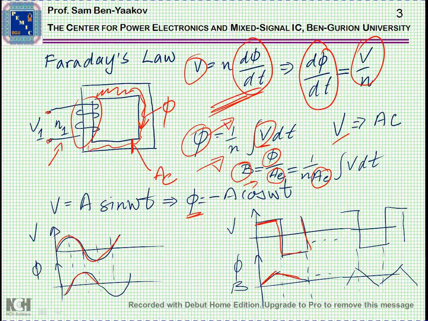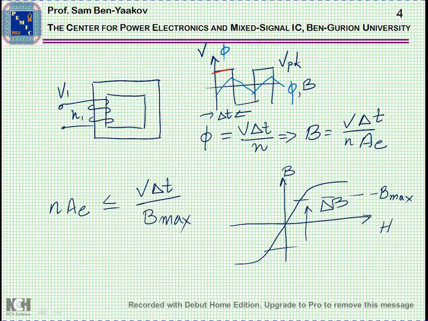In steady state, it probably stabilizes to be symmetrical, so this will be the change of flux, and also this is how B will look, except that there is some constant between them. If we have a square wave voltage, then phi and B will be sort of triangle, and since during this time V is constant, during delta t it'll increase phi, and B will increase linearly. It'll be a linear function of time.